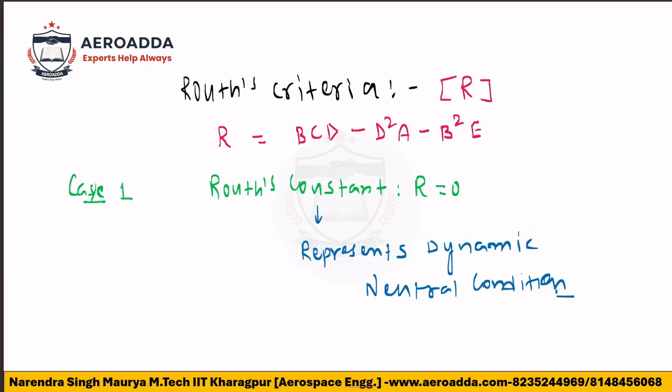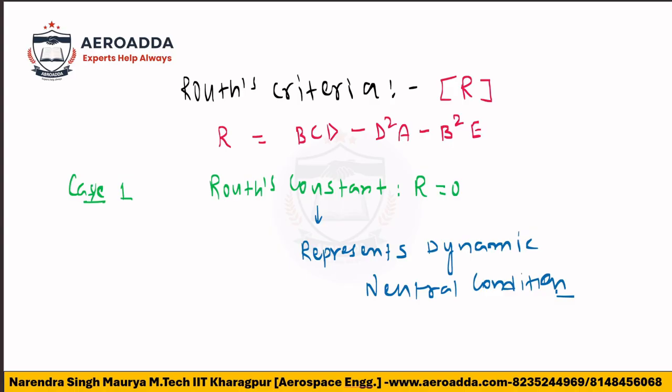Dynamic neutral condition. One type of question they can ask: they can give the characteristic equation, but you don't have to calculate the roots and all. Simply they will ask whether it is the phugoid motion, or short period oscillation, or dynamic neutral, dynamic stable, or dynamic unstable condition.